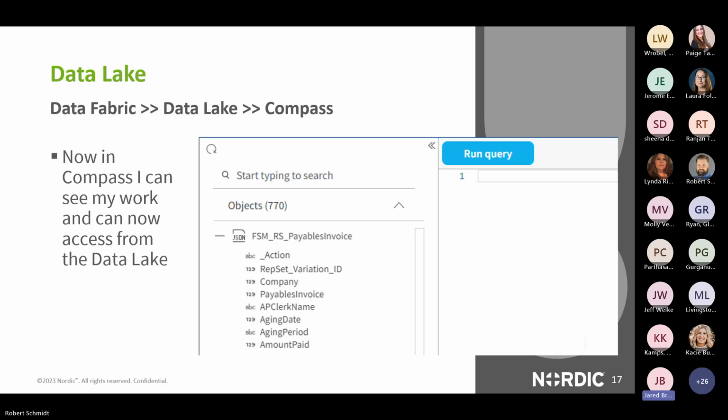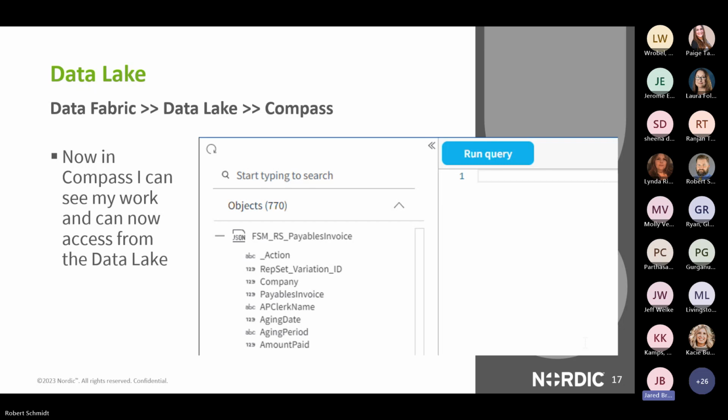And the system knows that because in all the previous steps where we set up that document flow that Robert walked through, the system knows that the only way this FSM_RS_payables invoice table should be updated is via this data flow that contains JSON data. But there are other ways to get data into the data lake. That could be CSV, that could be other types of web calls that are interacting directly with the database. And we would see those differences reflected on that object.